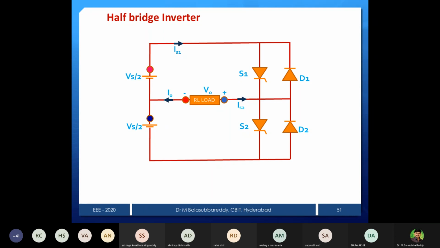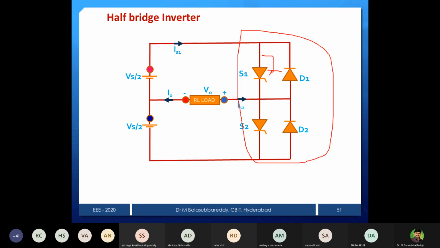Now you can see this is a half bridge inverter. I will explain directly with RL load. In the RL case, what will happen? Some energy is stored in the inductor, and that energy has to be dissipated through feedback diodes. Here you can see the circuit. Normally a half bridge inverter means one leg. This combined we call one leg, with anti-parallel diodes.